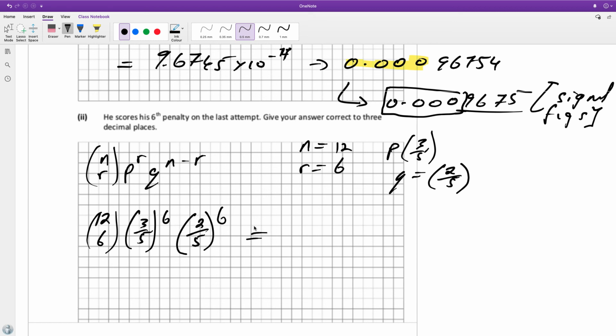Which is 12, shift, NCR, choose 6, multiplied by 3 over 5 to the power of 6, multiplied by 2 over 5 to the power of 6. 0.1765. To 3 decimal places, 0.177.